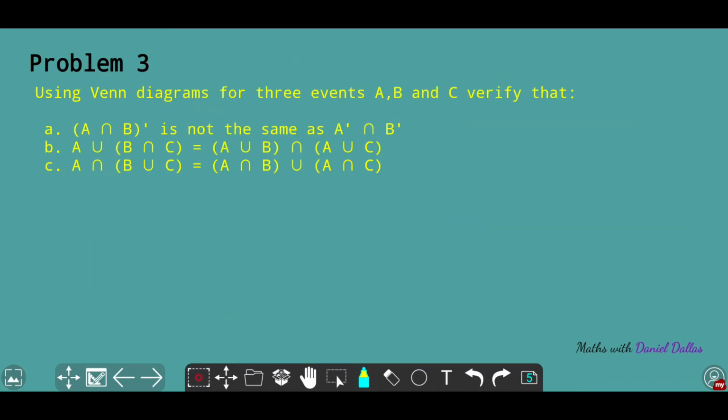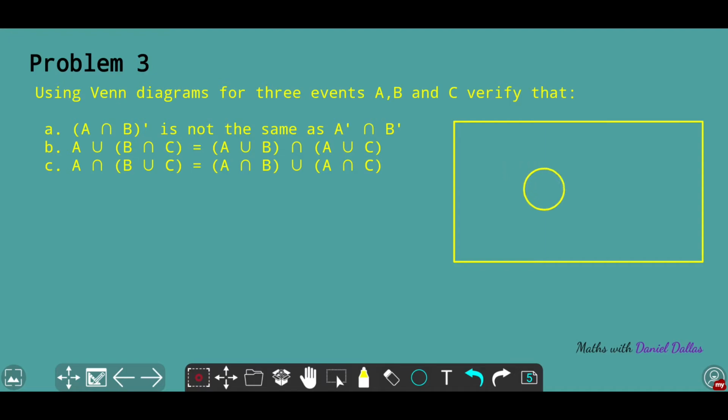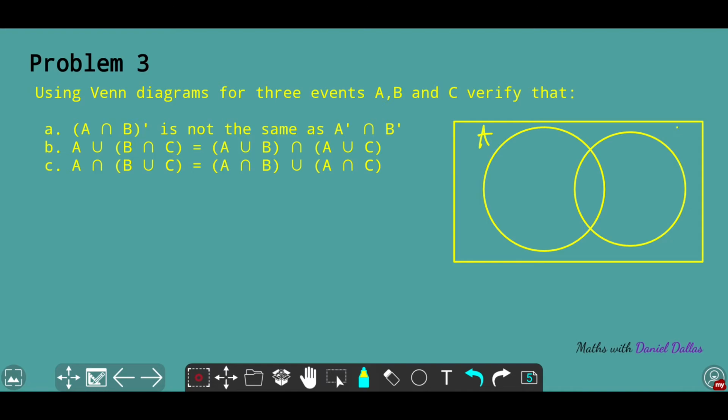For problem 3, I'm going to use preset again. In this case, A intersect with B and the complement of this. So let it be A, let it be B, and we're going to mark the intersection.